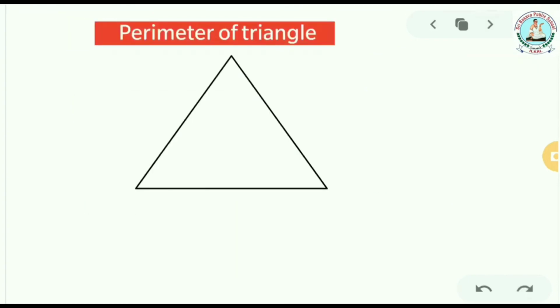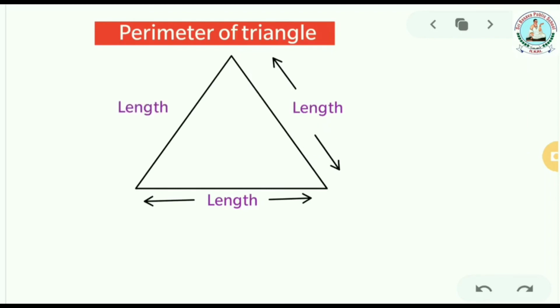As I said, a square can be called a regular closed shape. Let us see another regular shape. Right now, this is a triangle. Its dimensions are: length, and as I said, it is a regular shape, so this side is also length and this is also length. Let us find the perimeter of this triangle.